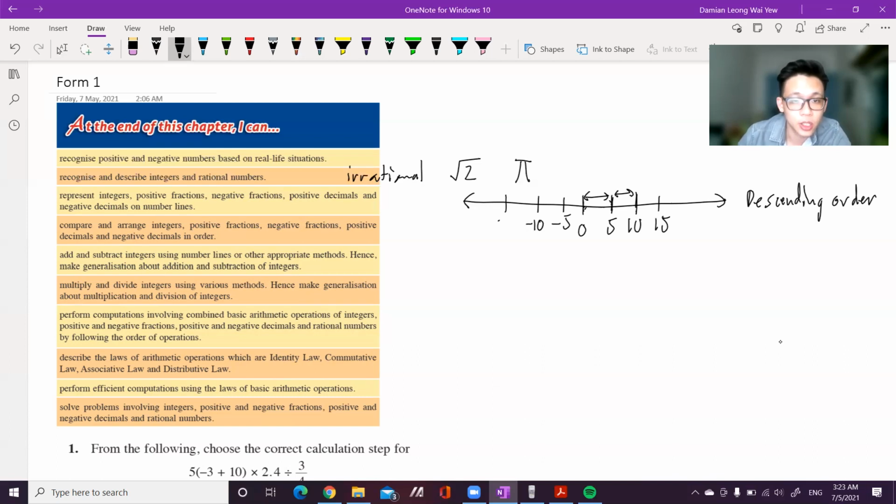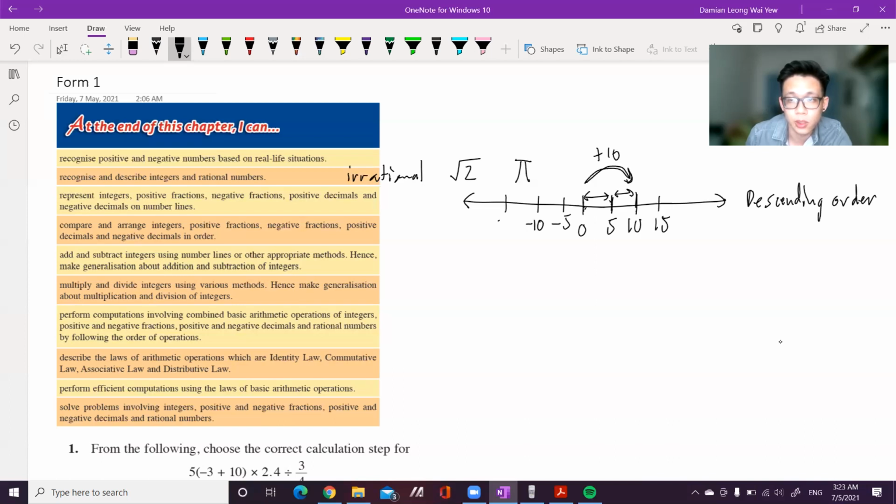Adding and subtracting integers using number lines or appropriate methods. So the first way of adding and subtracting is by using a number line. As we add, we go to the right. So for example, if I want to plus 10, then I go to the right by 10.